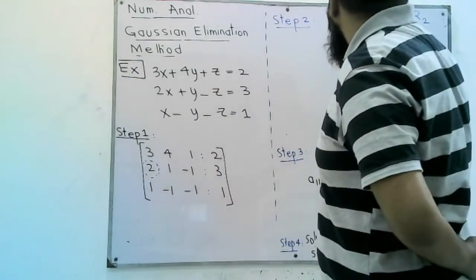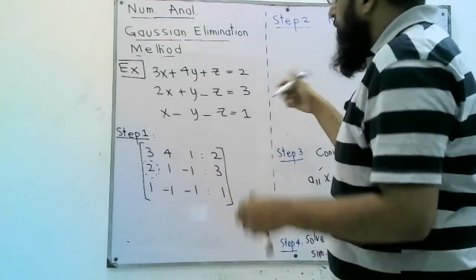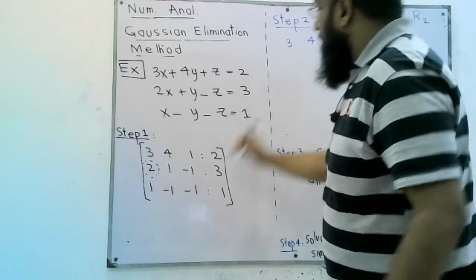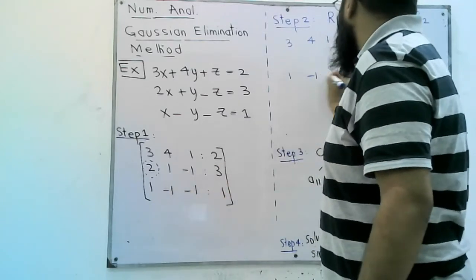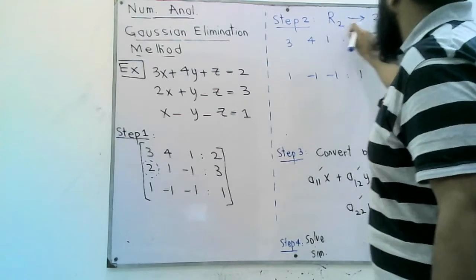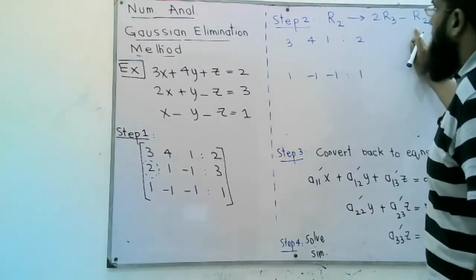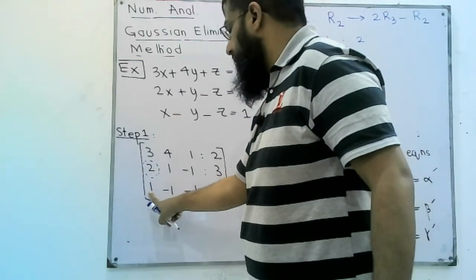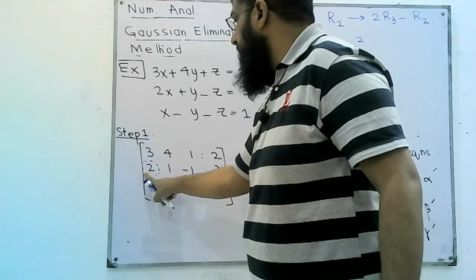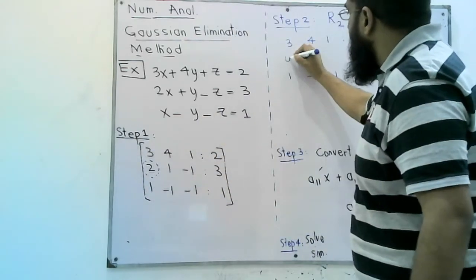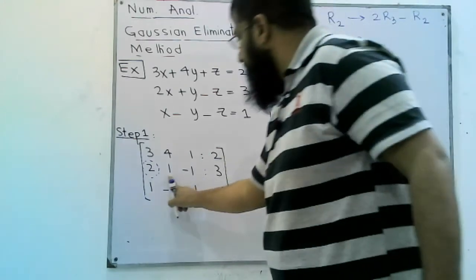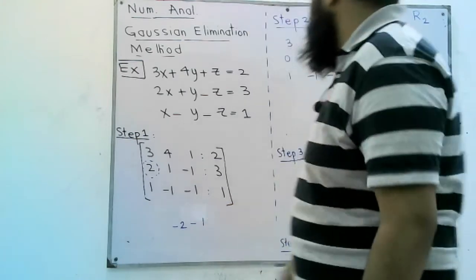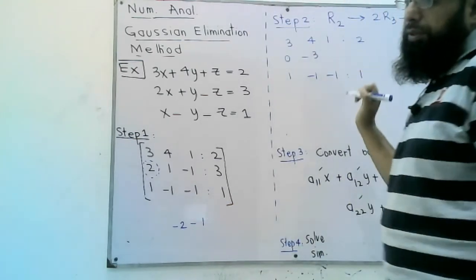This means that R1 is written as such: 3, 4, 1, 2. R3 is written as such: 1, minus 1, minus 1, 1. But now we have this new definition for R2: 2 times R3 minus R2. 2 times 1 is 2, minus 2 would be 0. 2 times minus 1 is minus 2, minus 1 is minus 3.